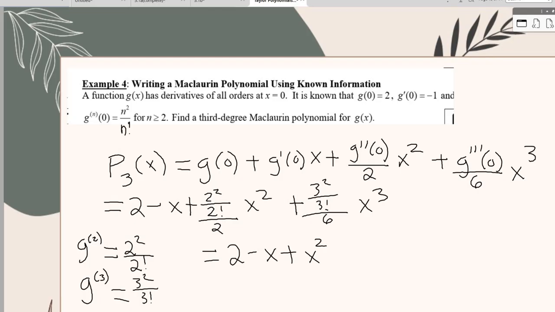Similarly, if we reduced our second one, we get 9 out of 36, which would be 1/4. We get 1/4 x cubed. Because you get 9 divided by 6 times 6, because I have both this 3 factorial and that 6.